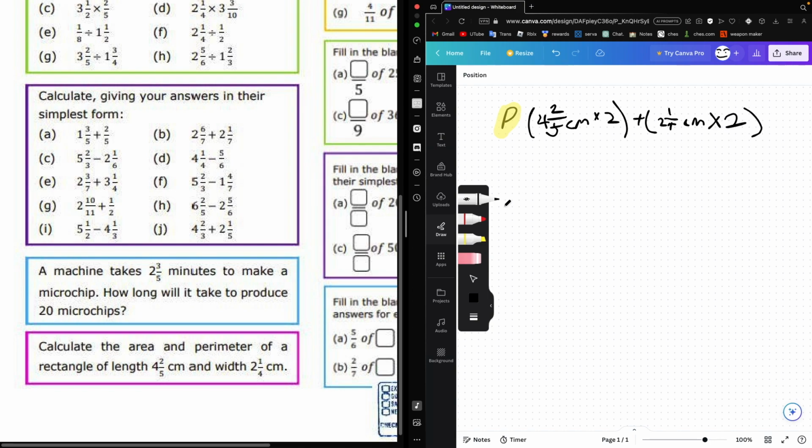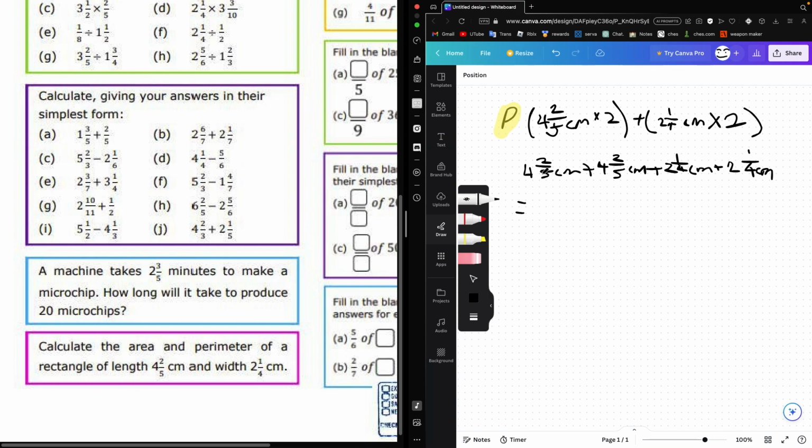If you guys want to write it simpler, just do this, it's very long. Oh my god, my hand's so sore. Okay, plus, just keep writing. This is a simpler way of explaining it. Plus 2 and 1 over 4 cm.